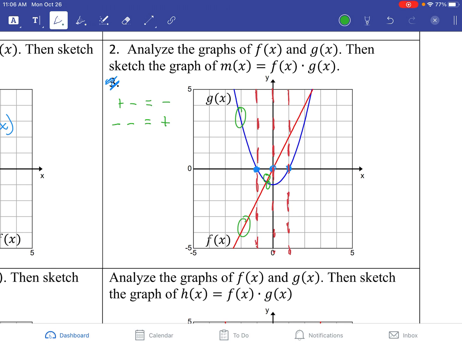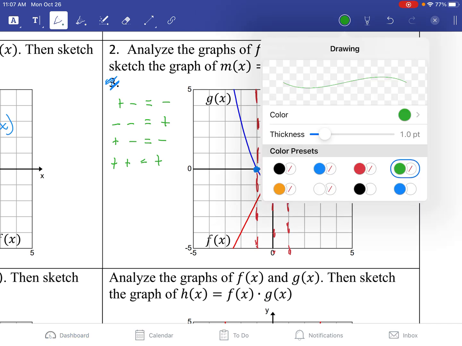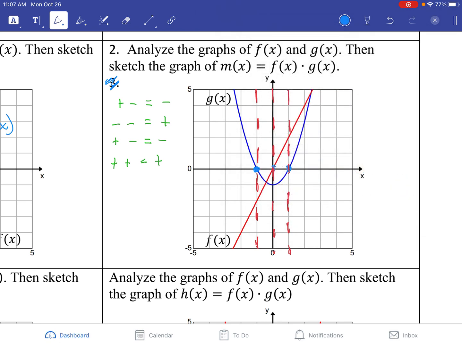The third region here is going to have a negative and a positive. And then the fourth region, we have a positive and a positive. Okay, so now that we have our calculations done for positives and negatives, we can now look at what the graph's going to look like. So we start off with negative.